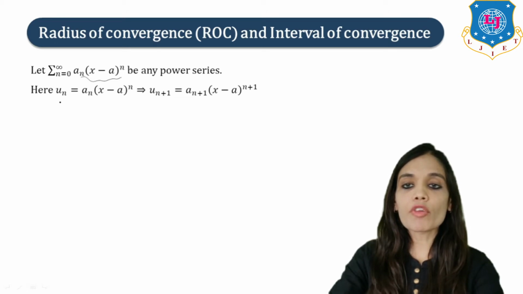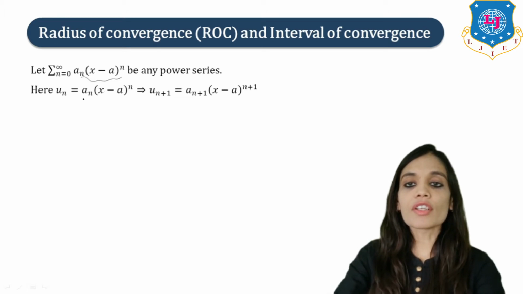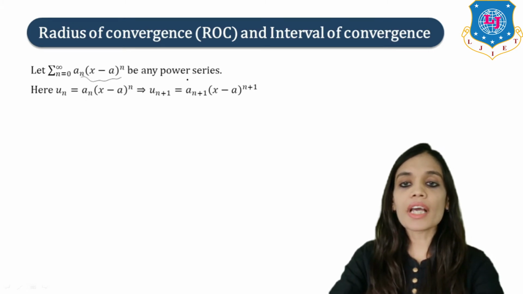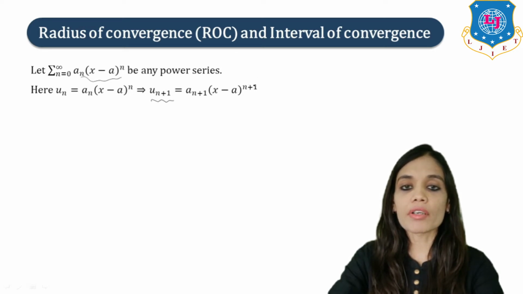In this type of power series, we know that we will always apply the ratio or root test. Let us apply the ratio test, and for that let us find u_(n+1). So u_(n+1) is equal to a_(n+1) into (x minus a) whole raised to n plus 1.